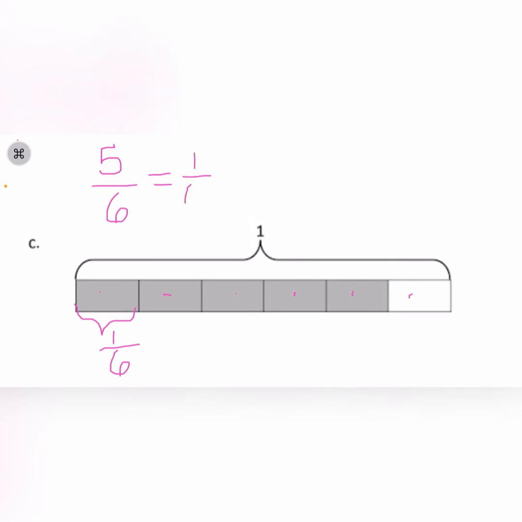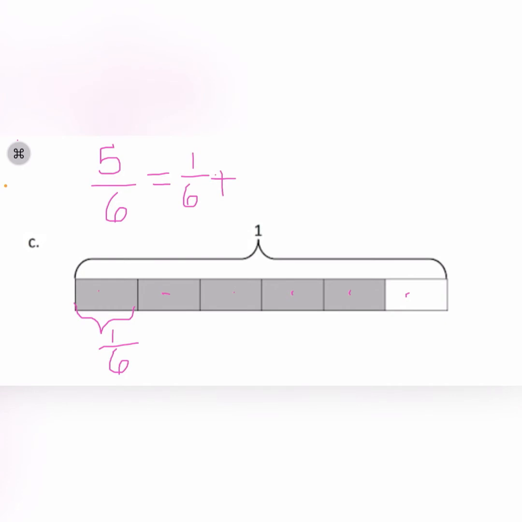So 1, 2, 3, 4, and 5. I have my 5 unit fractions that add back up to 5/6. So that is the first part, which was to write this as a sum of unit fractions.